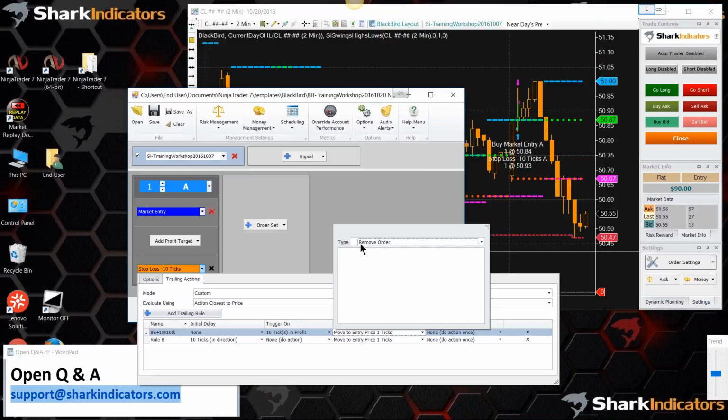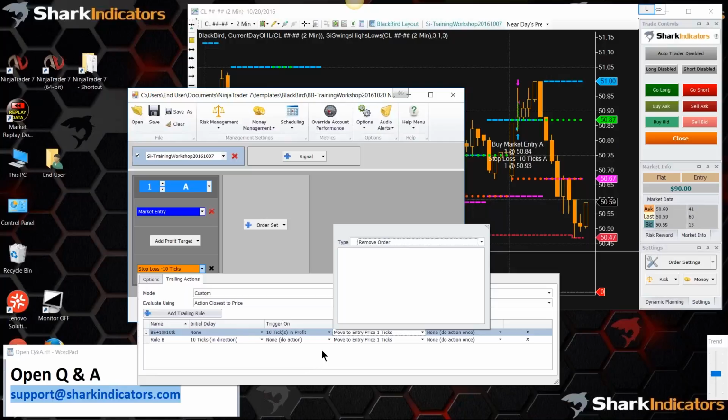Because if you're removing a stop loss order, then obviously you have unlimited exposure, which is very risky. So instead of ever removing a stop loss, just set up some kind of trailing rule that's going to move your stop loss way, way out of the way.